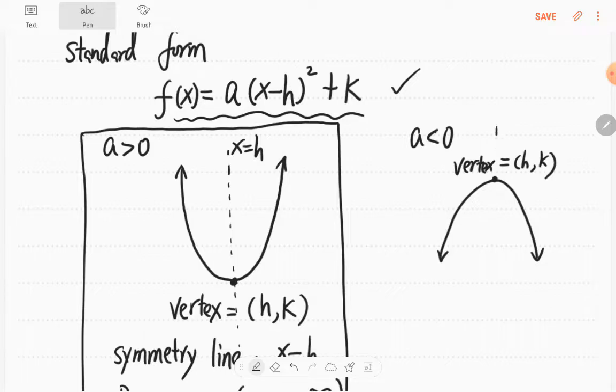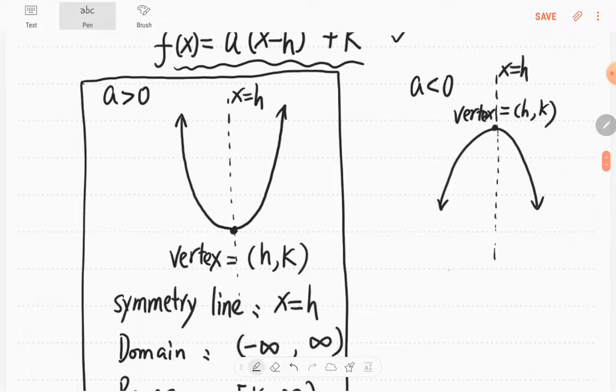And there is also a symmetry line, the vertical line going through the vertex. This line has the equation x equals h. So the symmetry line is x equals h again.